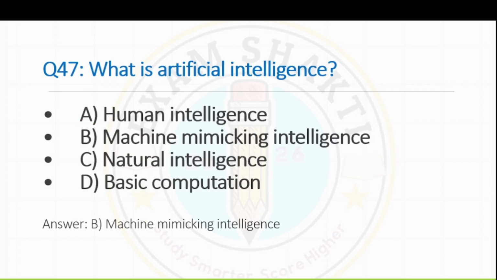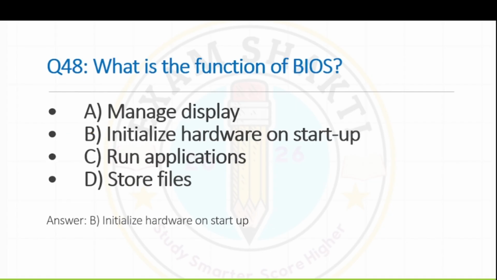What is artificial intelligence? Human intelligence, machine mimicking intelligence, natural intelligence, basic compilation. Answer B, machine mimicking intelligence. What is the function of a BIOS? Manage display, initialize hardware on startup, run application, store files. Answer B, initialize hardware on startup.